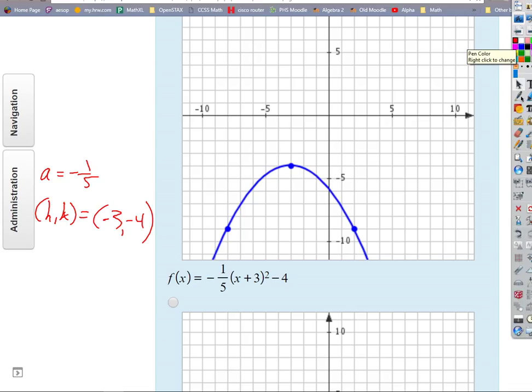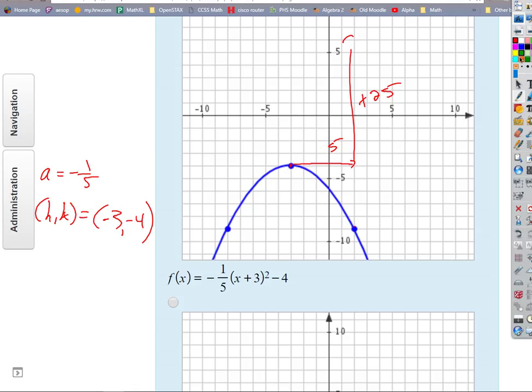So look at this now. Is this normal? Let's look at what this does. So to go from my vertex over to this point, I'm going to the right by 5. Normally, if I go right by 5, how far up do I go on my y equals x squared? 25. So normally I'm going up by 25.